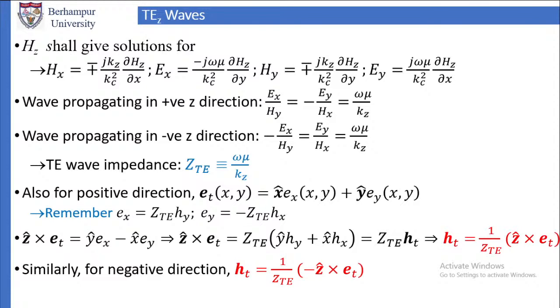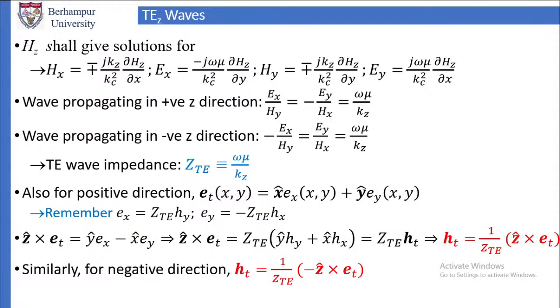Then minus j omega mu by kc square divided by minus plus jkz by kc square. Kc square will cancel out. J will cancel out. And since we are taking the positive direction, minus will be taken, minus will cancel out. Ultimately, you will be left with omega mu by kz.